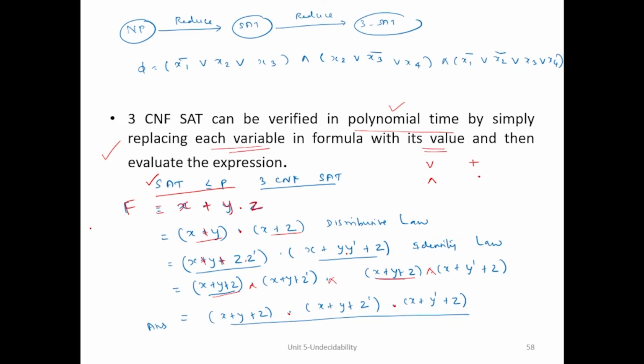For any type of calculation, we can write a 3 CNF format by using the properties of laws. In this way, we write all the calculations in a 3 CNF format, and we find whether it is satisfiable or not by substituting the value 0 or 1 to each variable in it. All 3 CNF problems are treated as NP complete problems.